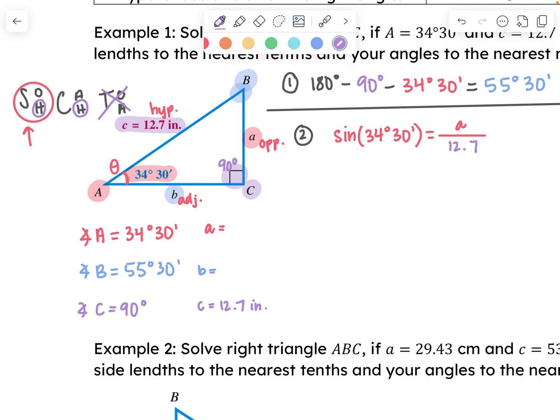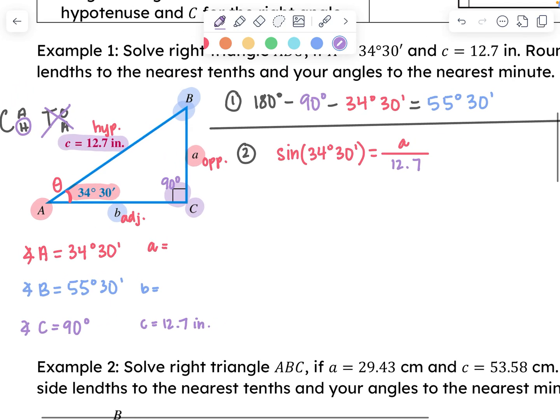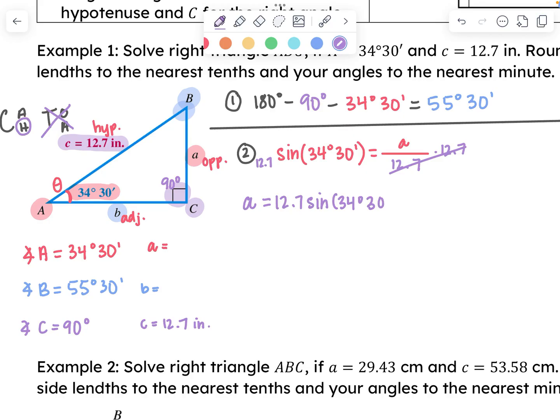From here, to get A by itself, all I really need to do is multiply both sides by 12.7. I'm going to go ahead and do that. So I get that A is equal to 12.7 times the sine of 34 degrees 30 minutes.